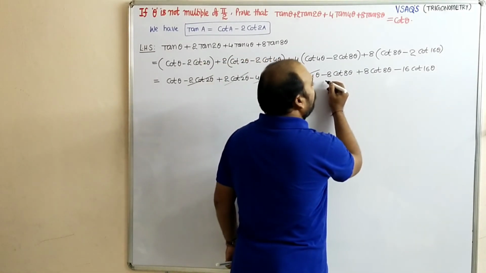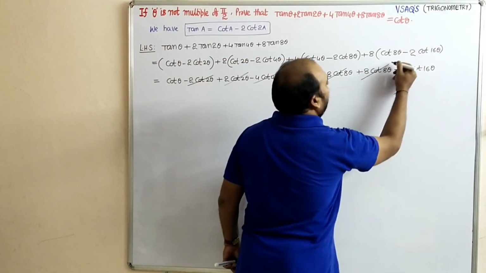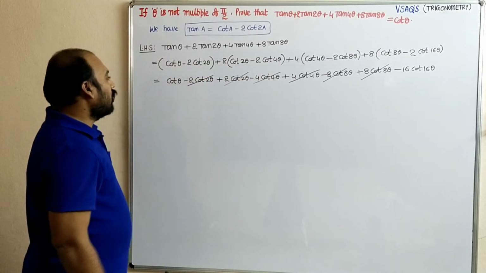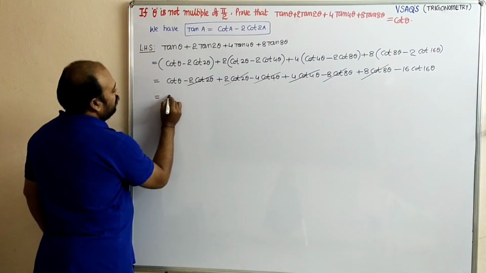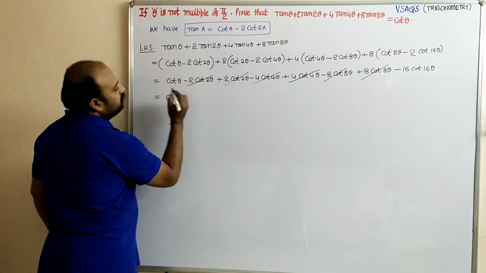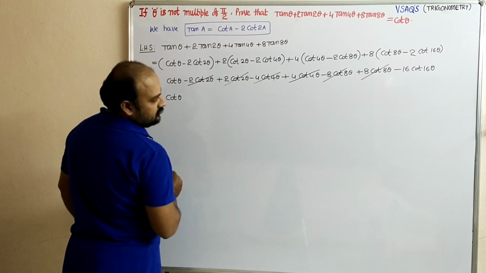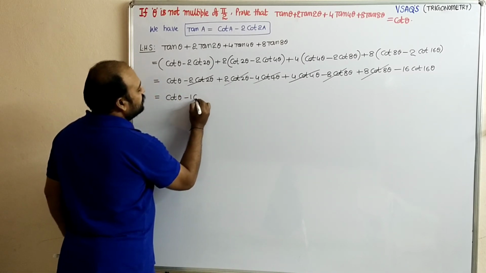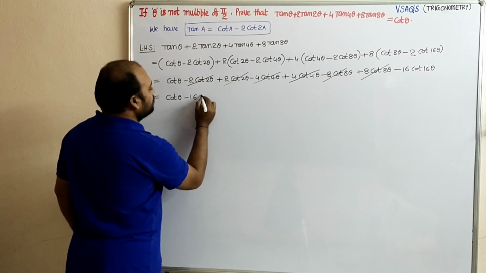Minus 8 cot 8 theta plus 8 cot 8 theta cancel. After that, cot theta minus 16 cot 16 theta.